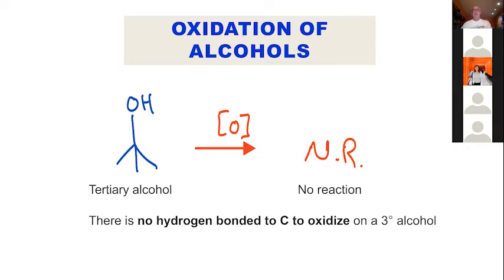So we can't form a double bond with oxygen, because then that would be 5 bonds, and carbon can't do that. So basically there's no hydrogen there to oxidize. We can't remove a hydrogen and replace it with an oxygen. So we're done. So basically a tertiary alcohol, we can't oxidize those. We can do reactions to the oxygen, but we can't do any reactions to the carbon.